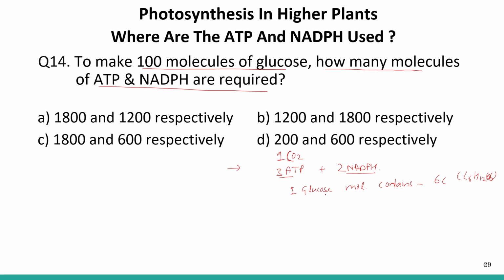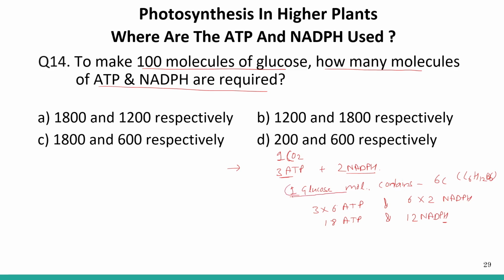So for 1 glucose molecule, how many ATP? 3 into 6, so 18 ATP, and 2 into 6, so 12 NADPH are utilized for the formation of 1 molecule of glucose.